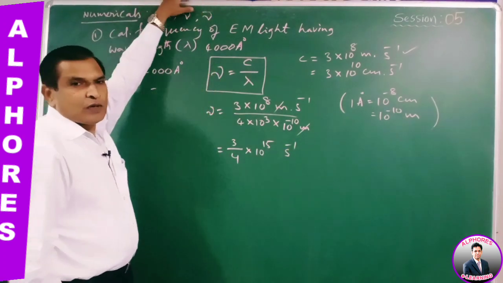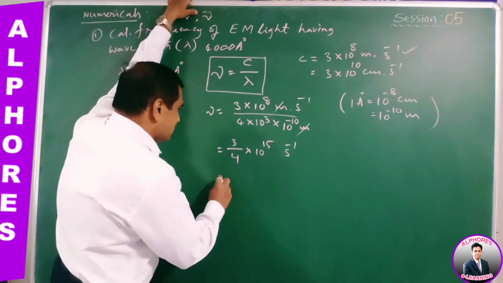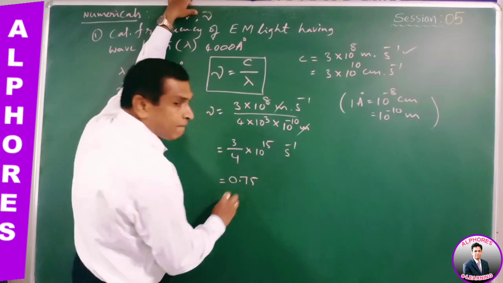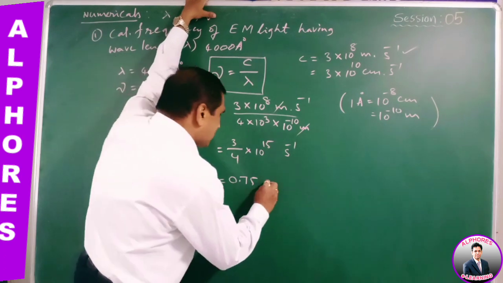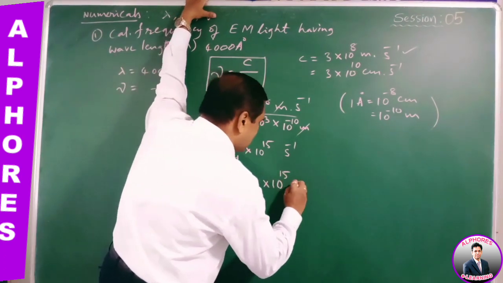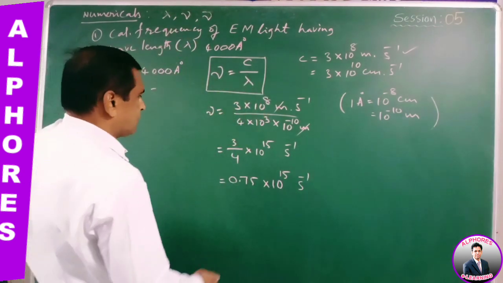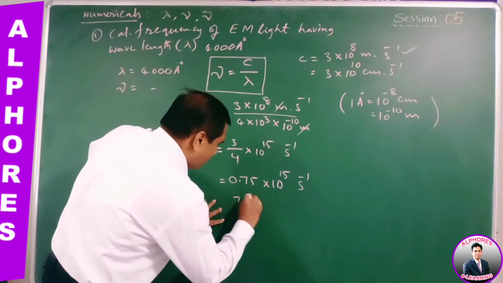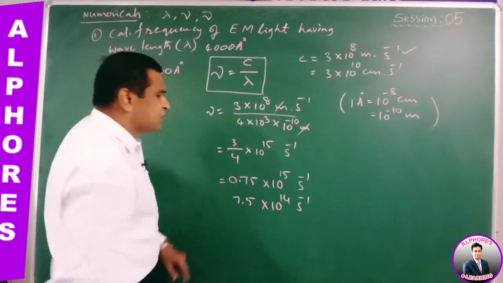Therefore 3 by 4, that is 0.75 into 10 to the power 15 per second, or 7.5 into 10 to the power 14 second inverse.